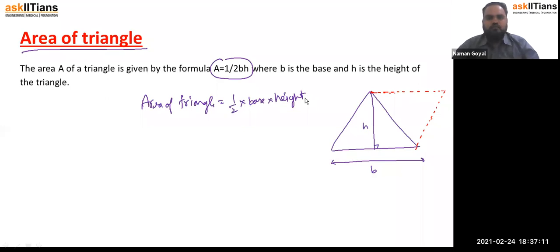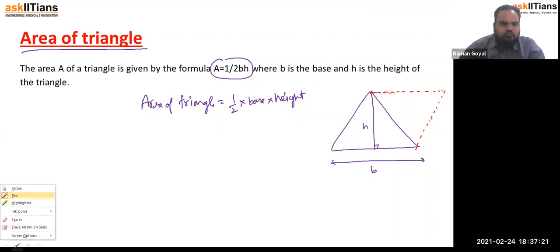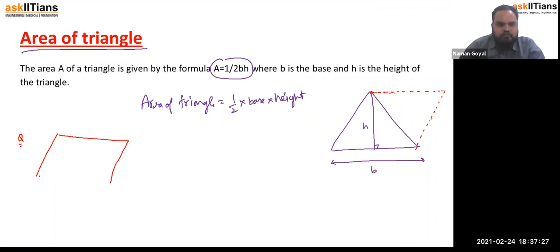So we can do some questions for this concept. Question is, if there is a parallelogram like this, this is the height which is given as 3.5 centimeter, and this is base which is 8 centimeter.